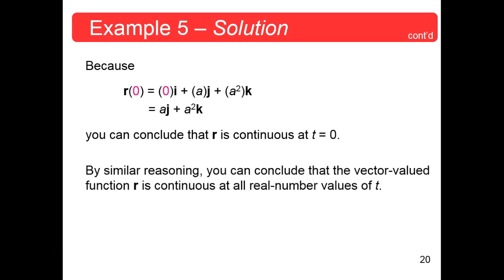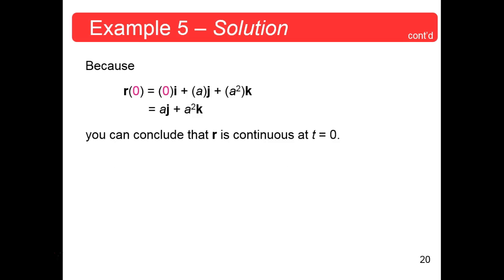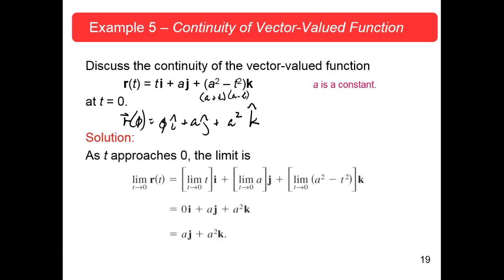By similar reasoning, you can conclude that the vector valued function r is continuous at all real number values of t. And that's what my arm waving was trying to show, that it's coming in this way from here. It's always that way on y. But yes, it's continuous everywhere because nowhere did that form that we originally had fail to exist.